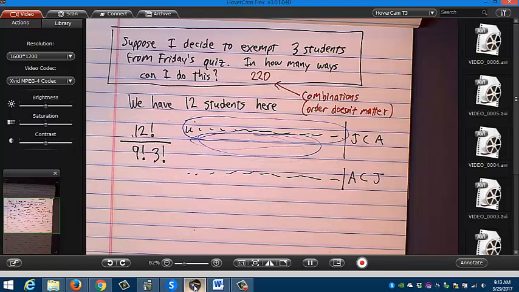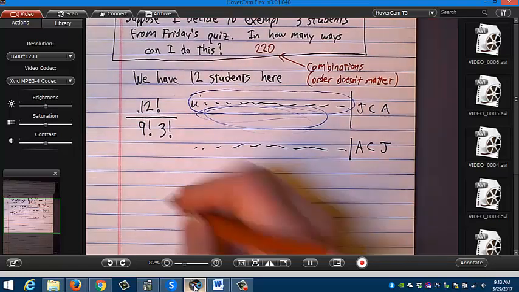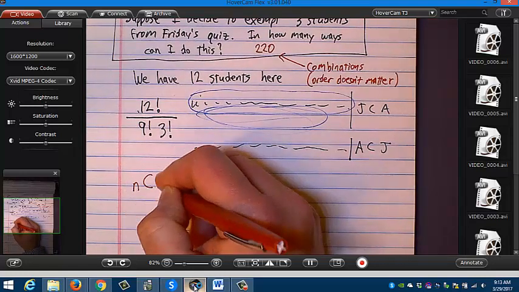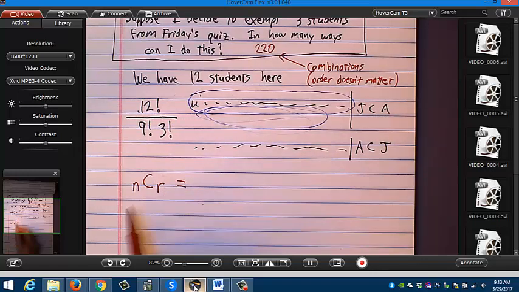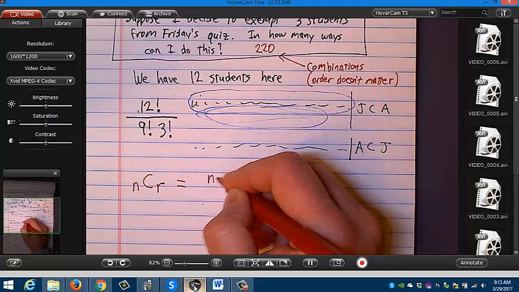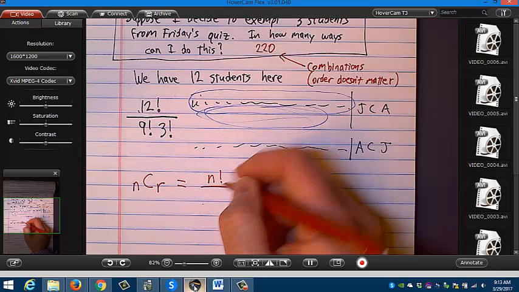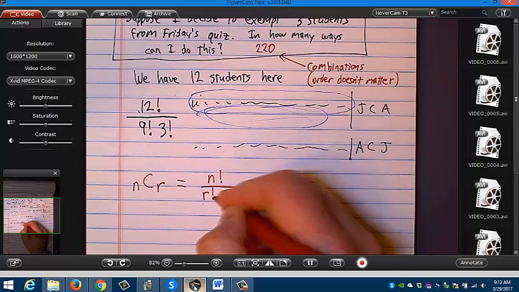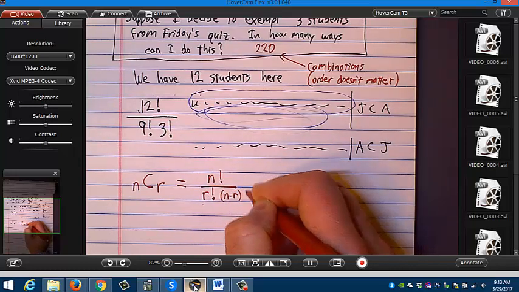Your book has a symbol for this. They're going to write nCr, the number of combinations of n objects taken r at a time. And they'll say it's n factorial over r factorial times n minus r factorial.